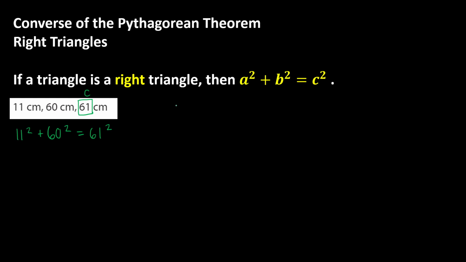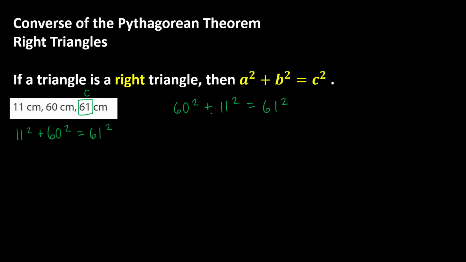So I'm actually going to write it like this: 60 squared plus 11 squared is equal to 61 squared. These shorter sides, their order doesn't matter. As long as you are squaring them separately and adding them together, the order when we add does not matter. So you can write this formula either way.